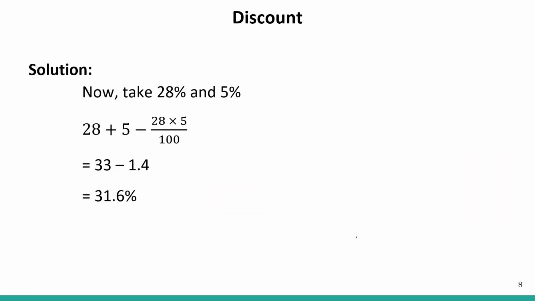Now take 28% and 5% and use this formula again, A plus B minus AB by 100, this much percent. So it will be 28 plus 5 minus 28 into 5 by 100. This gives 33 minus 1.4, that is nothing but 31.6. So this is the correct answer here.